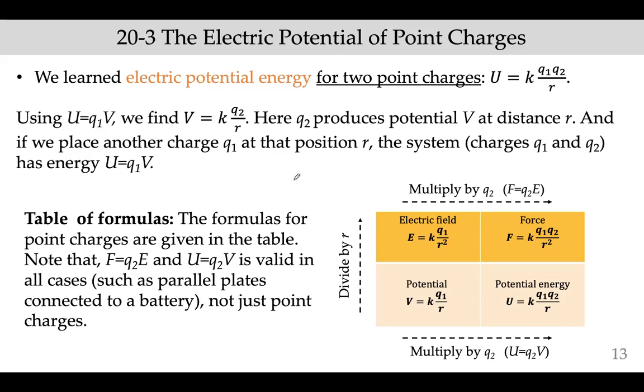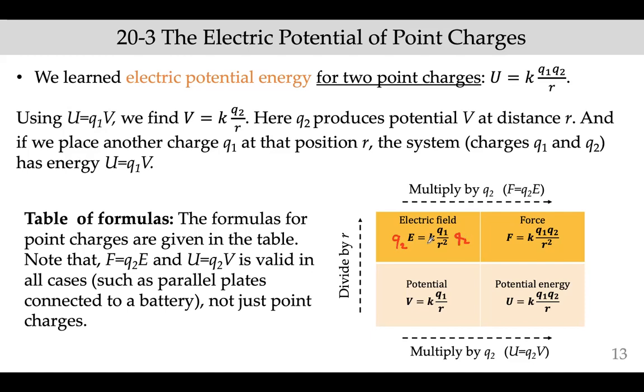Now, this table of formulas summarizes all the formulas that we learned so far. We learned electric field and force, these two formulas, in chapter 19. If you want to go from electric field to force, you basically multiply electric field by another charge.